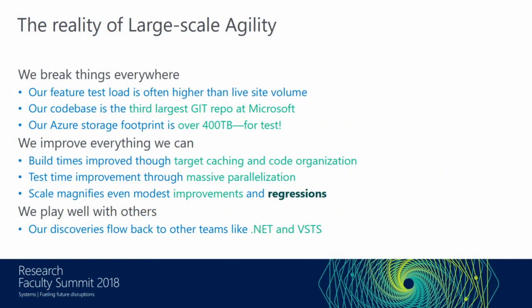So one of the things that we've learned is that we just break stuff. We broke Visual Studio for a while. They've broken us multiple times. What's nice, though, is that our scale actually determines whether other partners can scale or not. But in doing so, it helps to improve them, and in them improving, it helps to improve us.